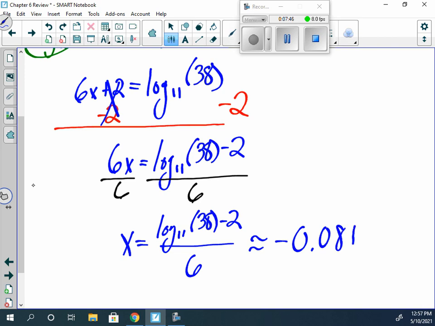Negative 0.081. Yep, and that would be it.